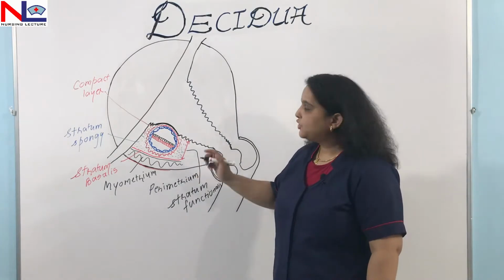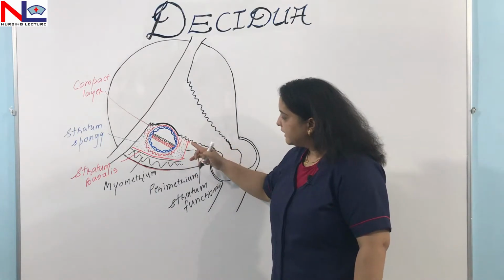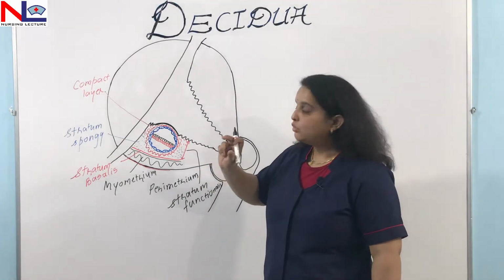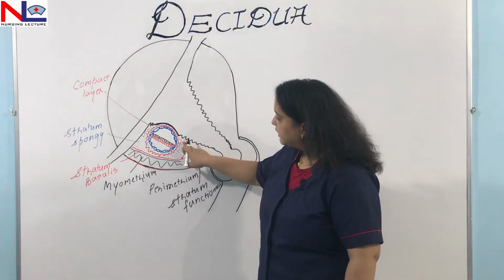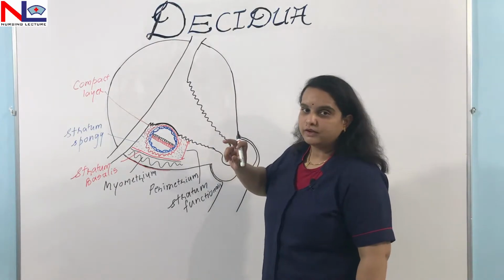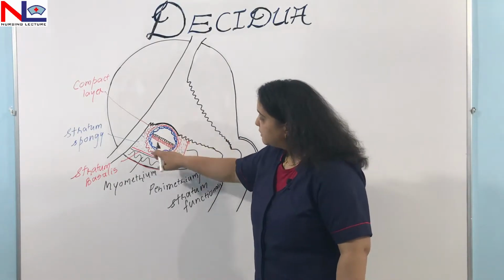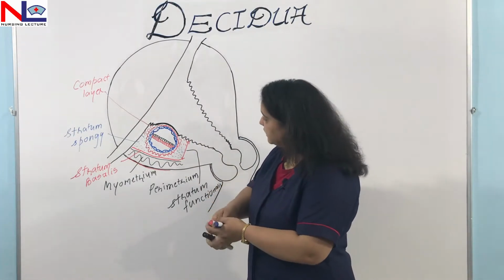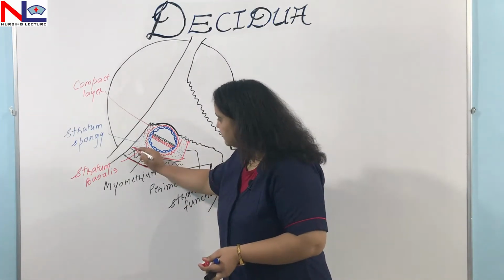So the implantation which is going to take place is in the functional layer, and the two layers involved are the compact and the spongy one. This blastocyst doesn't invade the basal layer, that is the stratum basalis.